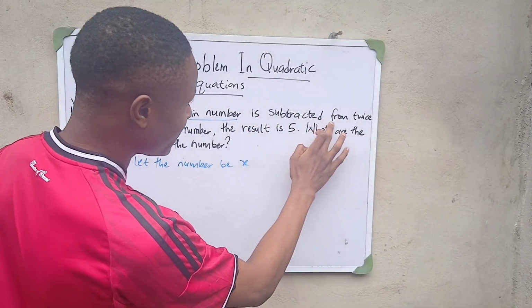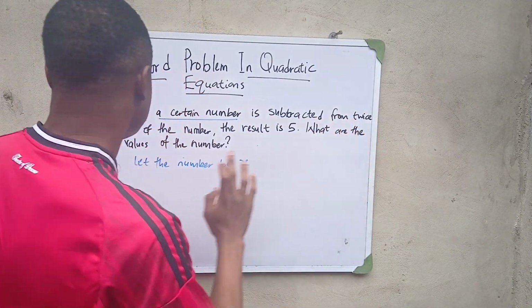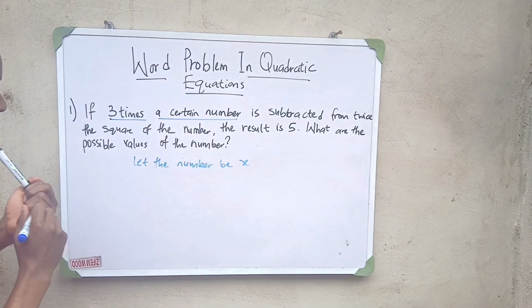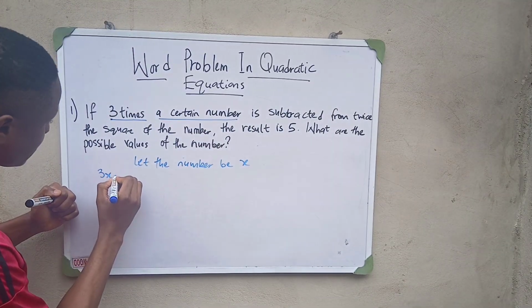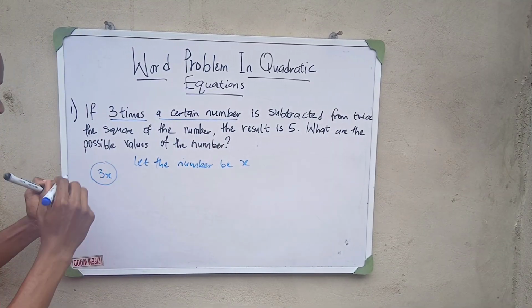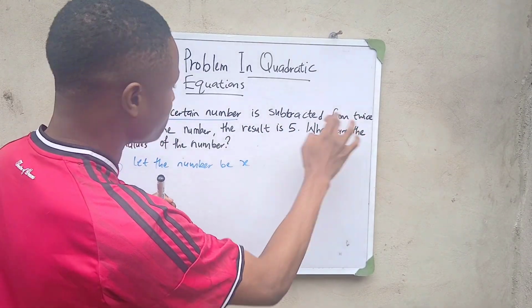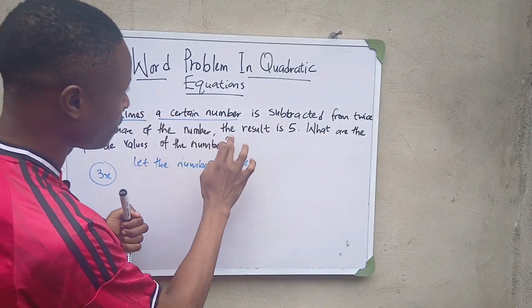Remember it says 3 times a certain number, so that means 3x. Let's keep that on one side. So we have 3x now, is subtracted from twice the square of the number.